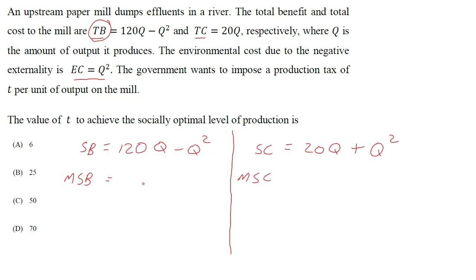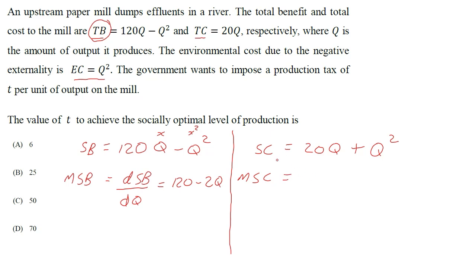So the marginal social benefit is equal to dSB upon dq, which is equal to, now this q is as good as x, derivative of x is 1. This q square is as good as x squared, the derivative of which is 2q. So I end up with 120 minus 2q as MSB.